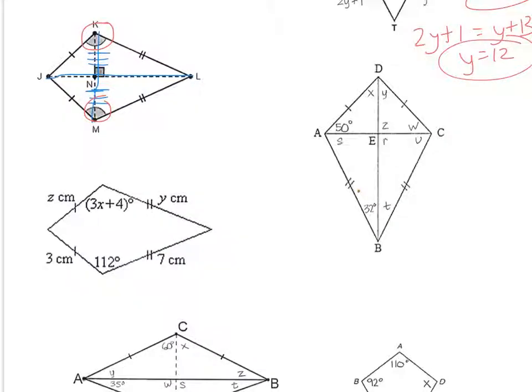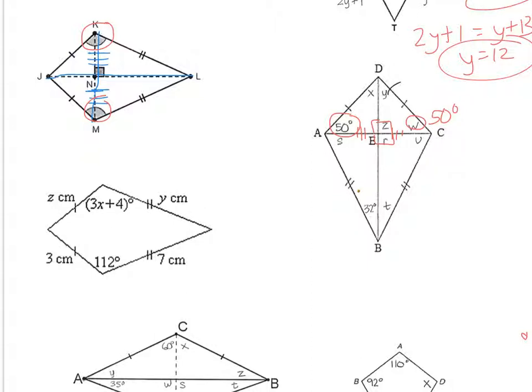You could also find angle measures. So we know that these two sides are congruent and these two sides are congruent and this makes a 90. So all of those are 90-degree angles. This angle matches up with W, so this is 50 degrees.